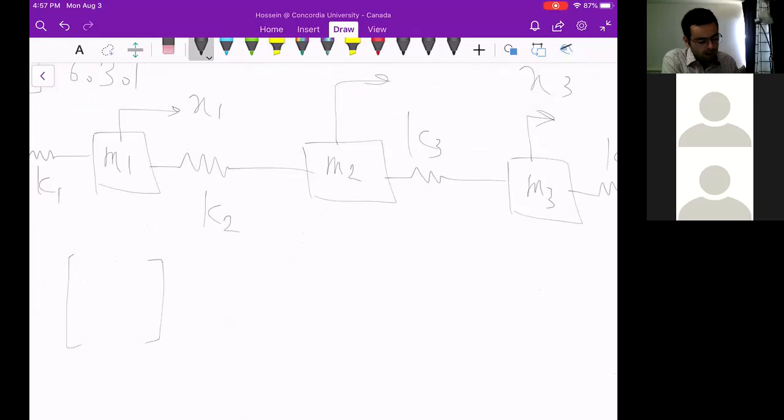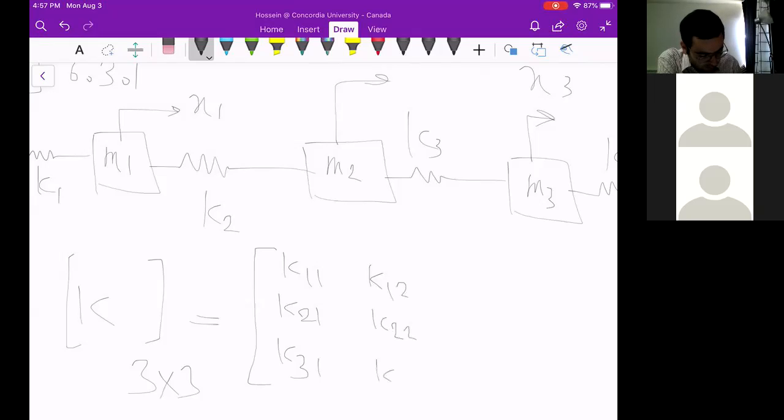So we have basically three masses. So we are dealing with a 3x3 stiffness matrix: K11, K21, K31 is the first column. The second column is K12, K22, K32, and the last column is K13, K23, and K33.